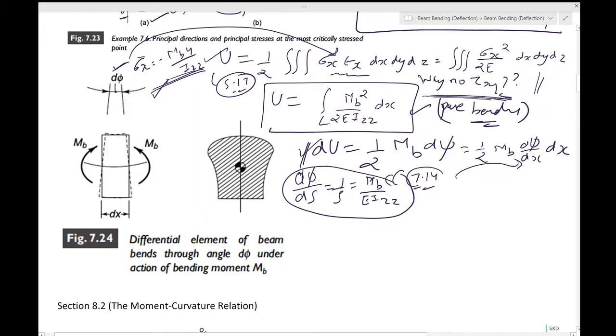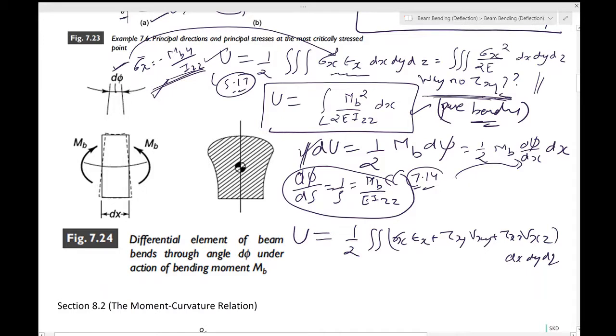If you do have transverse shear components tau xz and tau xy, you have half of sigma x epsilon x plus tau xy gamma xy plus tau xz gamma xz, times dx dy dz.